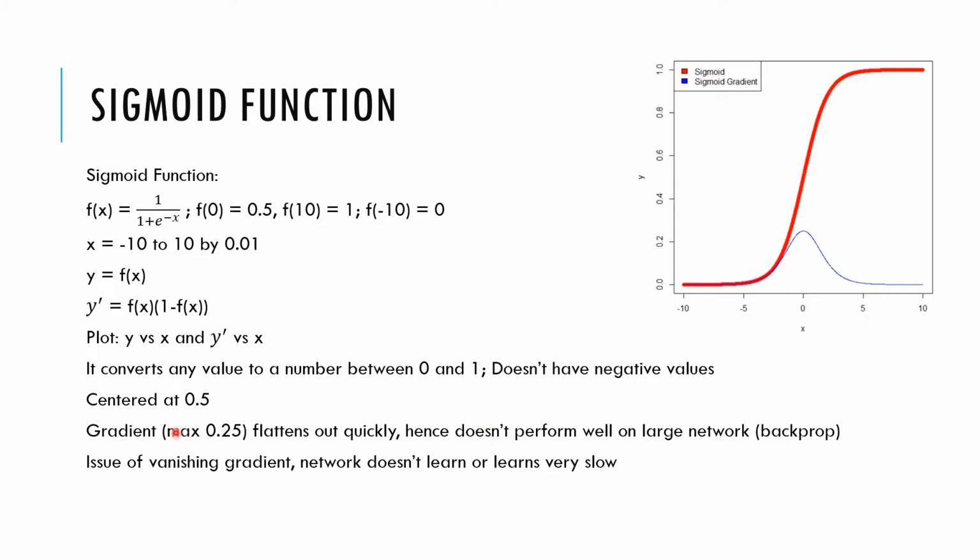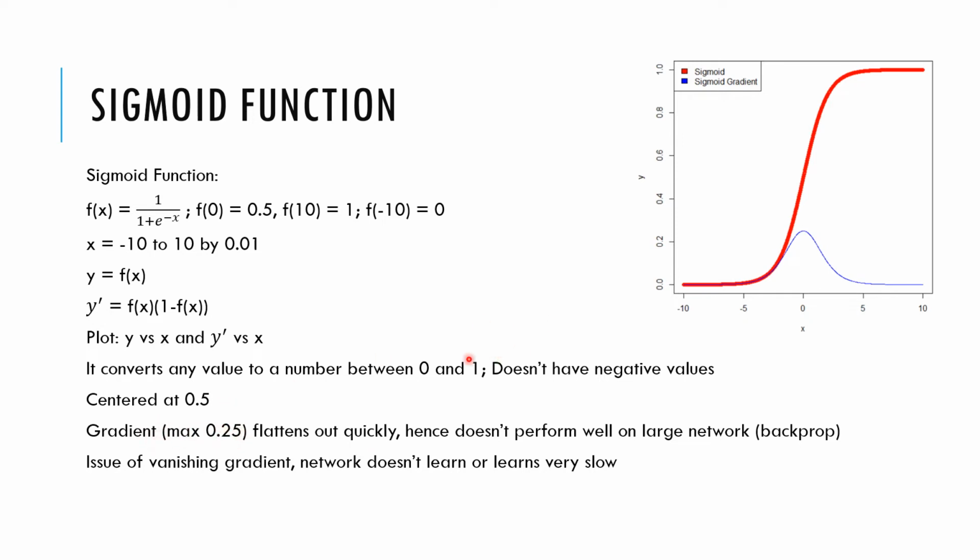Since the value of the gradient is very small, as we move in backpropagation from the output layer to the hidden layers and up to the input layer, if it is a very large network, the gradient keeps getting reduced because it keeps getting multiplied.